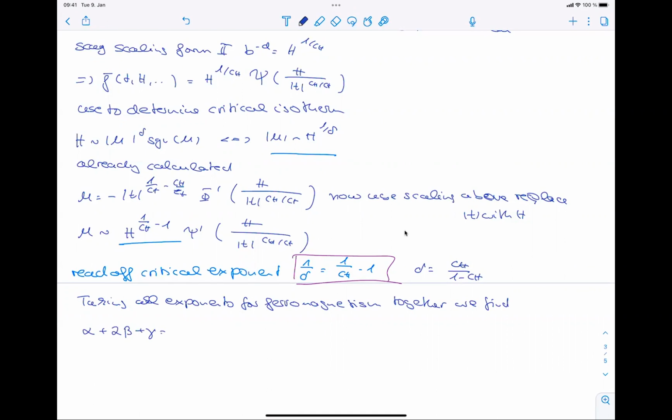So alpha was 2 minus 1 over CT, plus 2 times 1 over CT, that's now beta, minus CH over CT, plus gamma is 2 CH over CT minus 1 over CT.